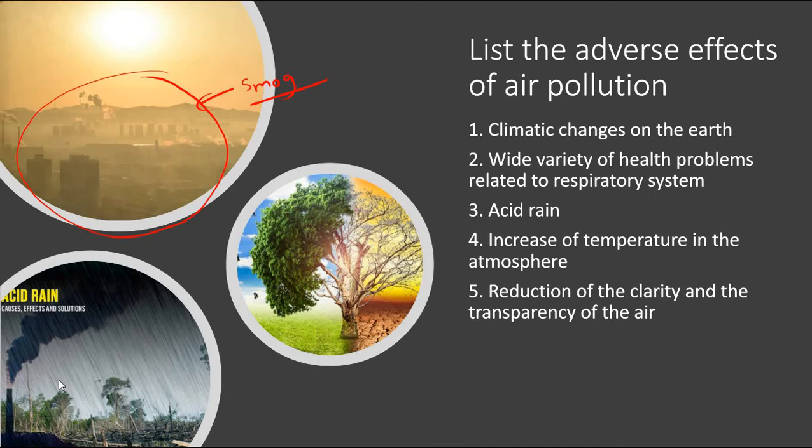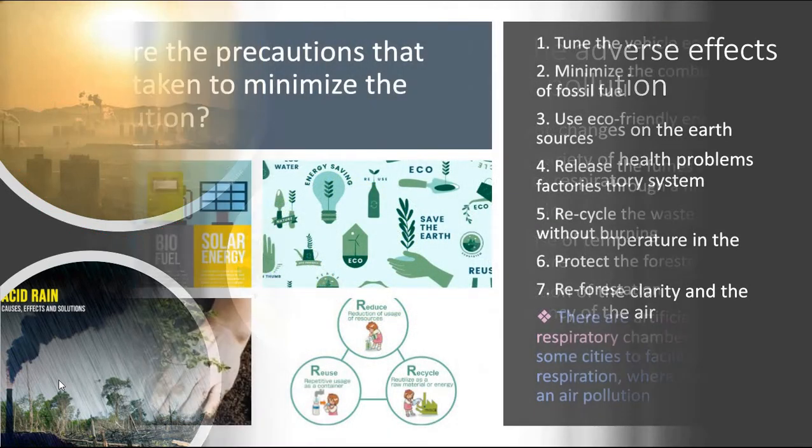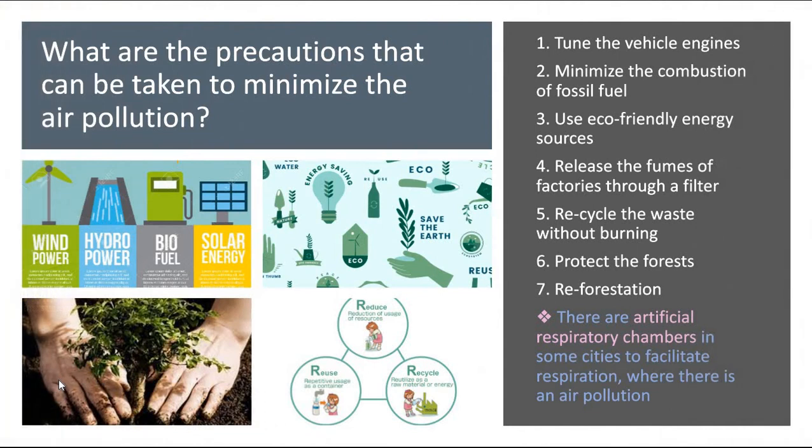Now, these are a few adverse effects. There are enough and more, but these are some that you all should remember. Now, if we want to prevent these, what should we do? First and foremost, to minimize the poisonous gases emitted from vehicles, we can simply tune the vehicle engines.